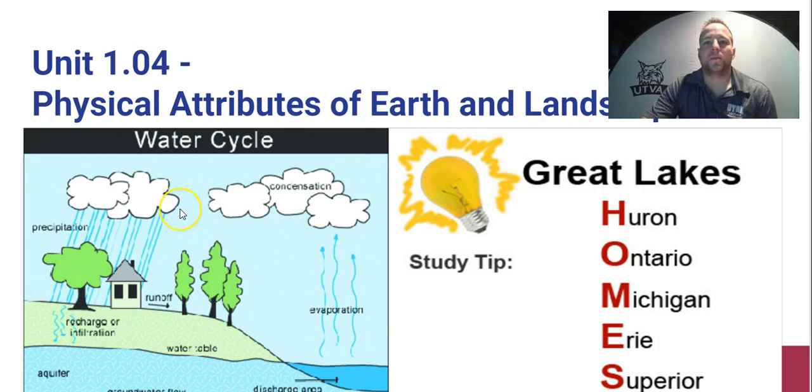Okay, as we're talking about rainfall, the water cycle, that kind of stuff, of course we have precipitation, or water that's here on the ground. It evaporates into the sky, which creates condensation and those clouds that you see. As it tries to go over things, it gets heavy, and that precipitation begins to fall.